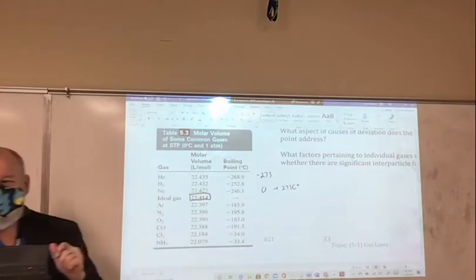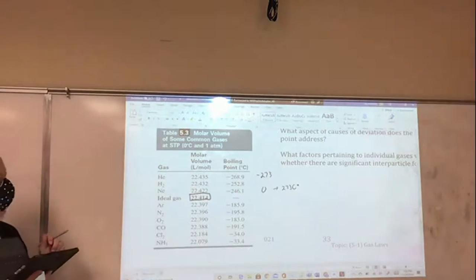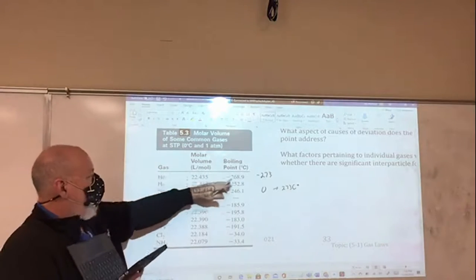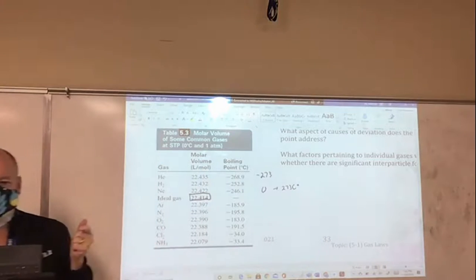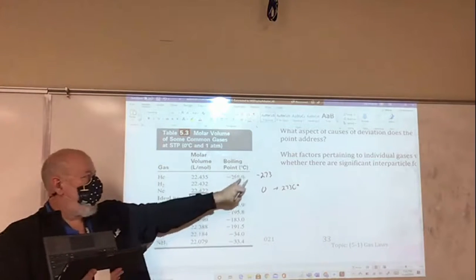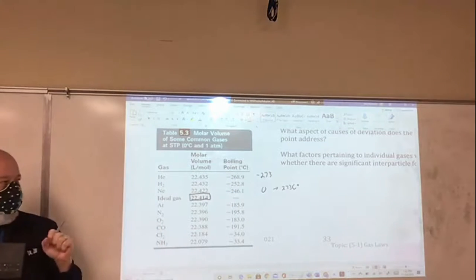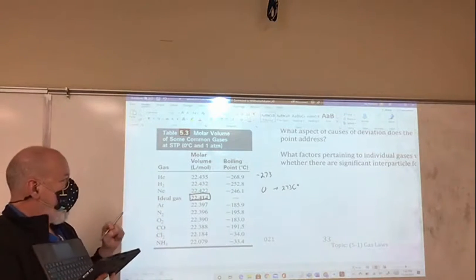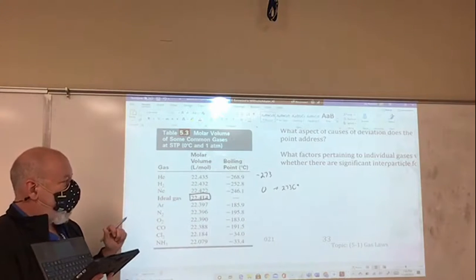The boiling point of helium is almost absolute zero, okay? Helium is almost impossible to turn into a liquid because it would turn into a liquid at negative 268.9 degrees. They have to stay at that heat. And it would take so much energy to keep it at that temperature.